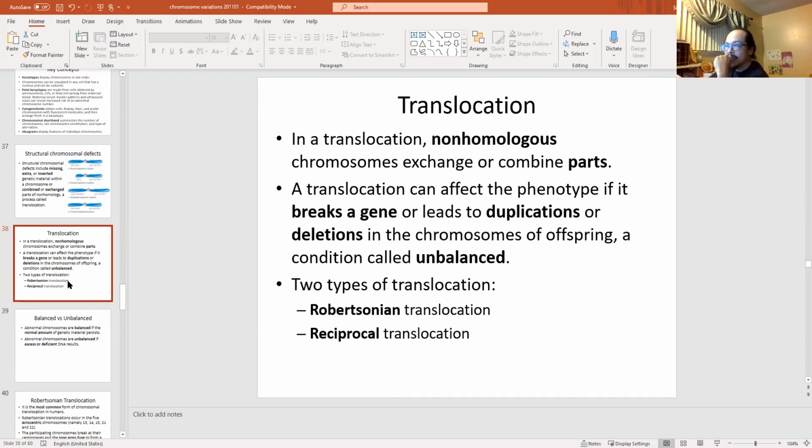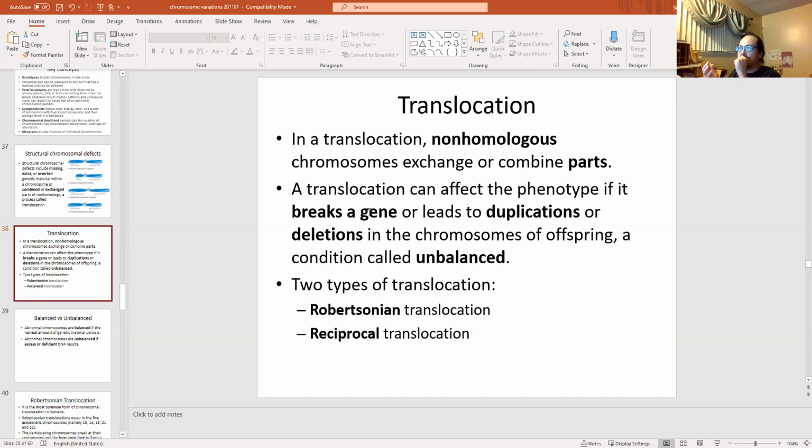All right, so this is the translocation between the non-homologous pair, where parts are exchanged. If it happens to break an entire gene, then of course that gene will be affected.